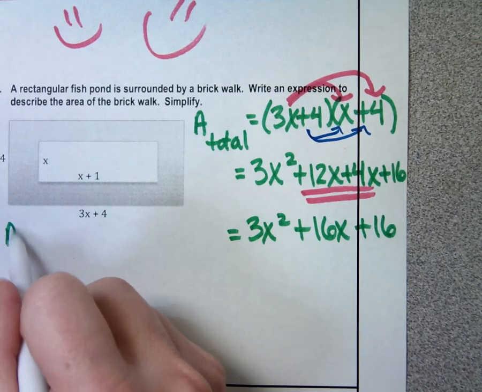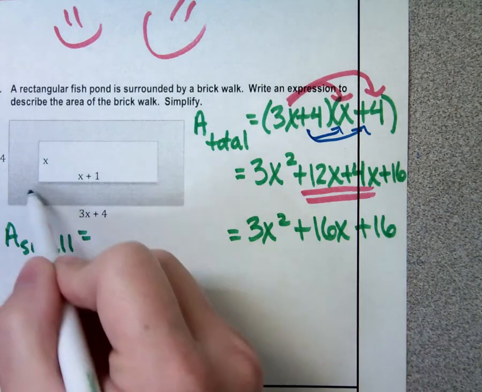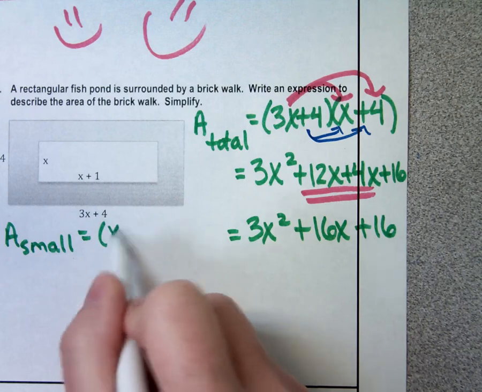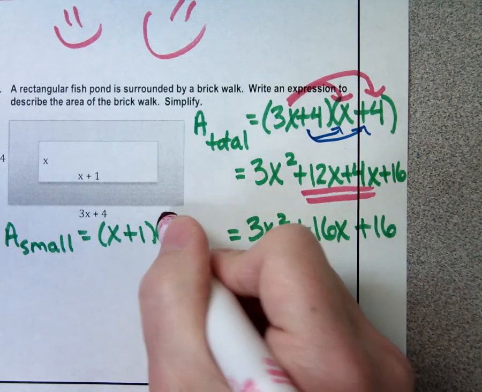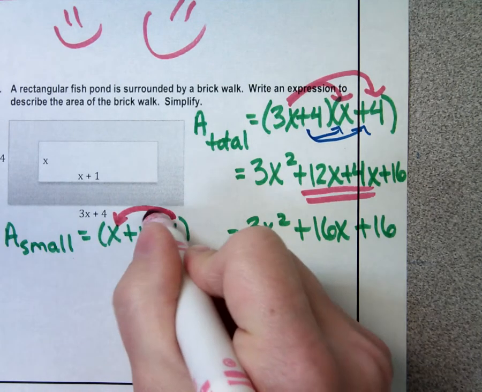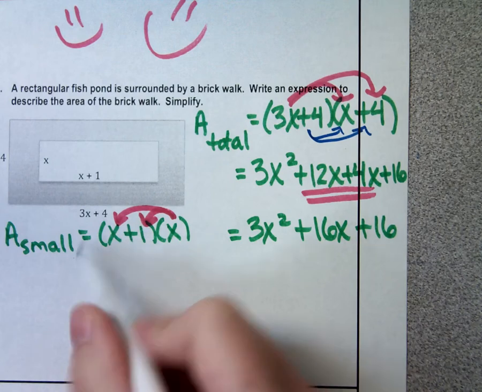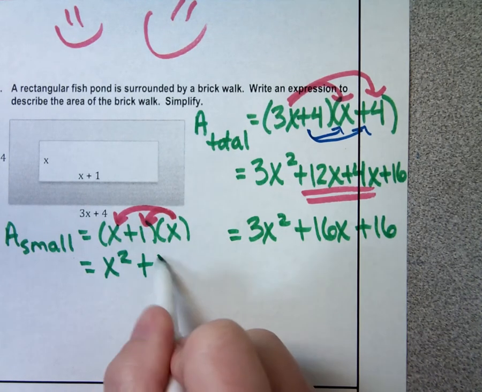So now I'm going to find the area of the small one, the white piece that isn't shaded at all. It's a rectangle, so it's length times width also. So it's x plus 1 times x. And I'm going to distribute this x with both things in the front set of parentheses. So x times x is x squared. X times 1 is 1x.